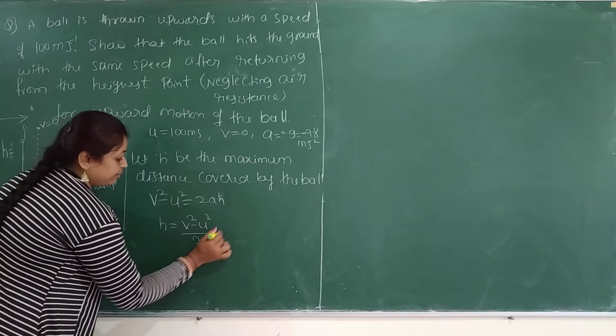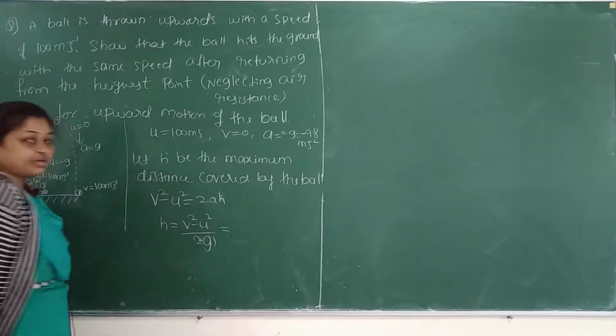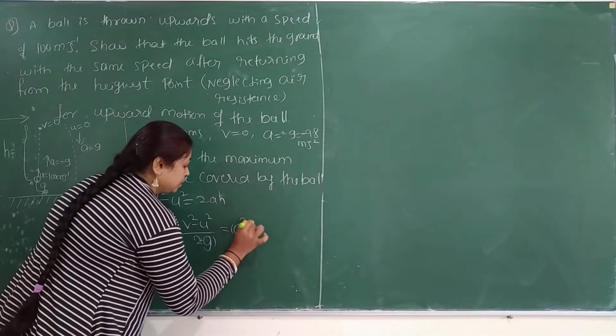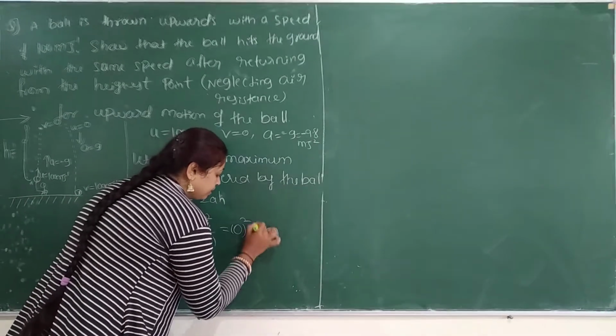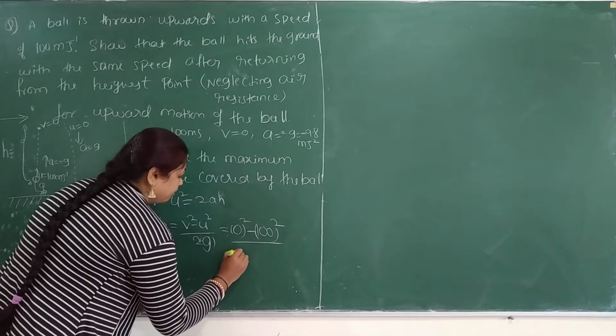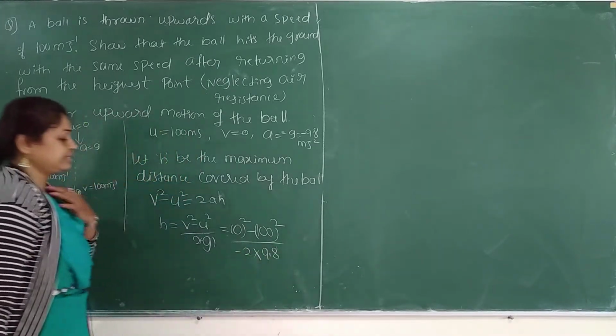So here a can be taken as minus g. Just substitute our values. Final velocity is how much? It is 0 minus initial velocity 100 square, divided by minus 2 into 9.8.